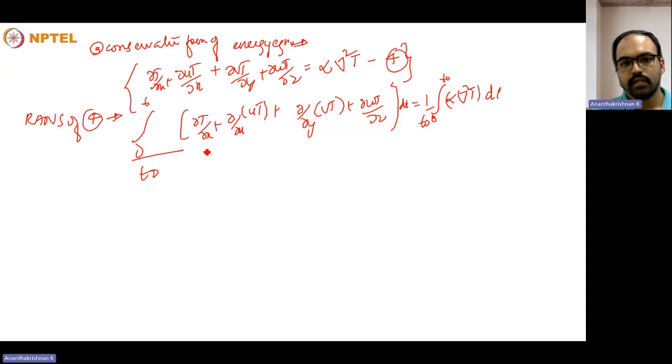The first, thereby the time average, we consider t as a variable here. So the first term will be ∂T/∂t, the integral from 0 to T0 divided by T0. That is the time varying factor.